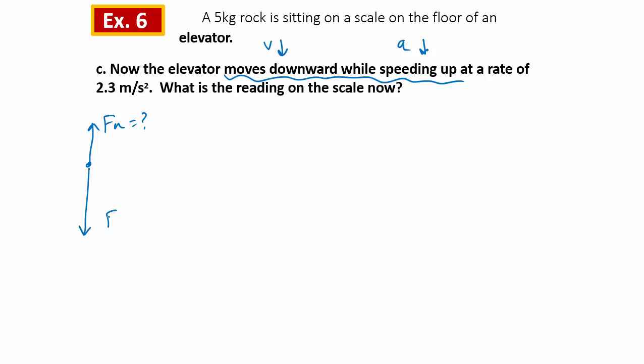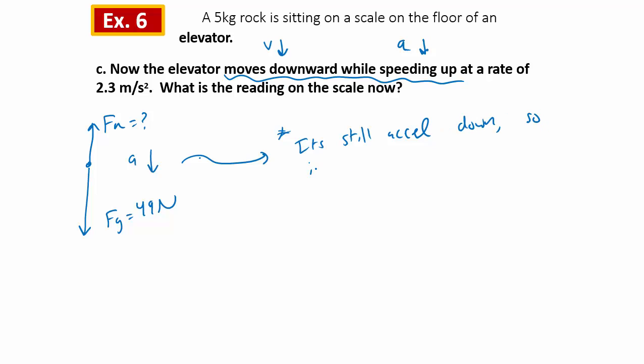Acceleration is downward, Fg is equal to 49 newtons. And if the acceleration is 2.3 meters per second squared, it's still accelerating down.